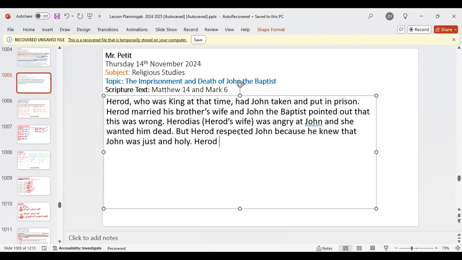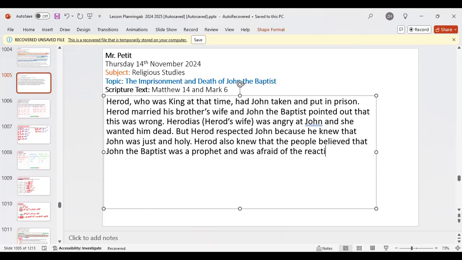Herod also knew that the people believed that John the Baptist was a prophet, and was afraid of the reaction of the people if something tragic were to happen to John.